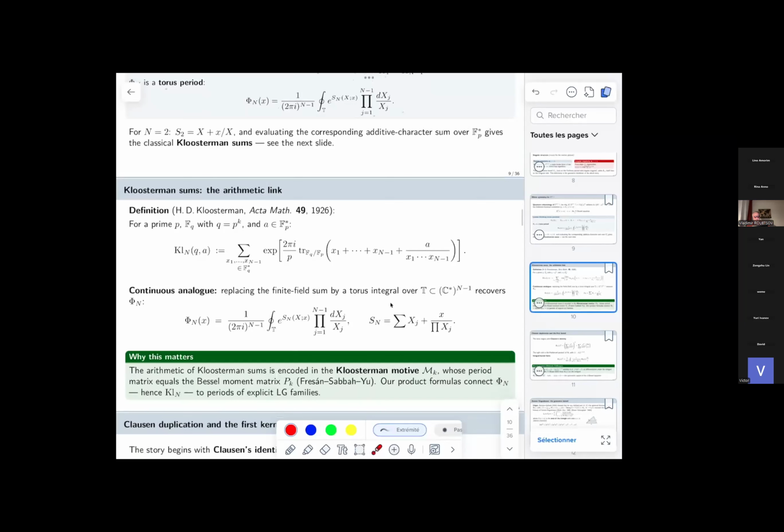Very recently, people who studied elliptic and more complicated solutions for the so-called Bessel moment problem, about which I will speak a little bit later, computed Feynman type integrals for special graphs, which are called sunrise or banana graphs.